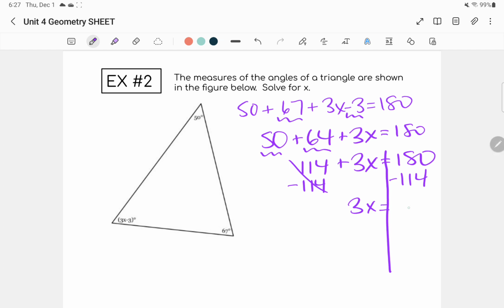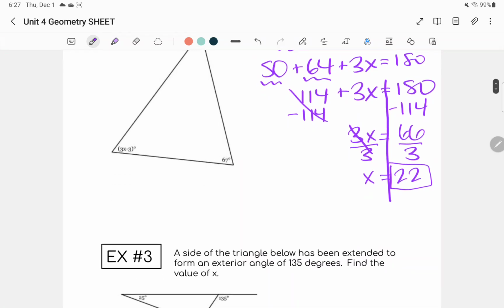So that would be 66. Or you could just use a calculator. And then my last step is divide by 3. And when I do that, x is equal to, and 66 divided by 3 is 22. So my answer is 22, or x is 22.